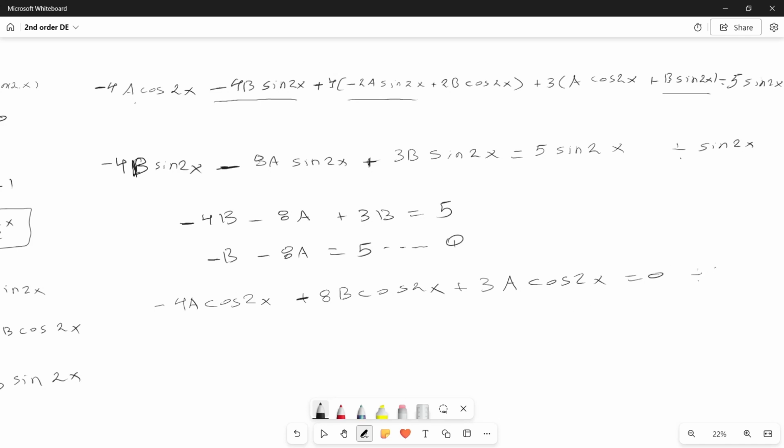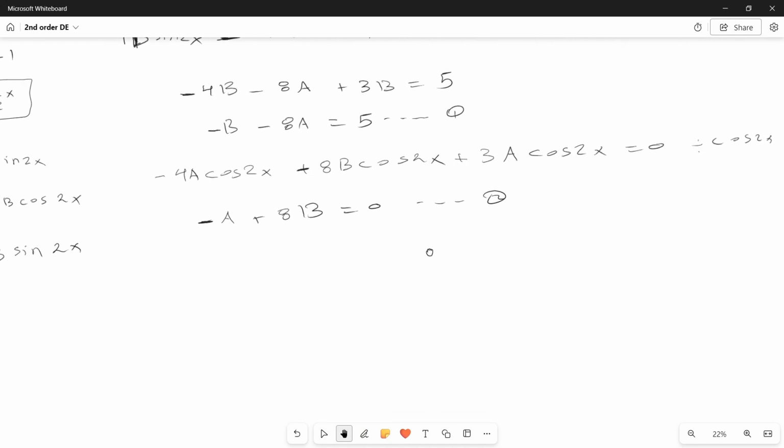Now we divide by cosine 2x and we're left with negative a plus 8b is equal to 0, and that's our second equation.